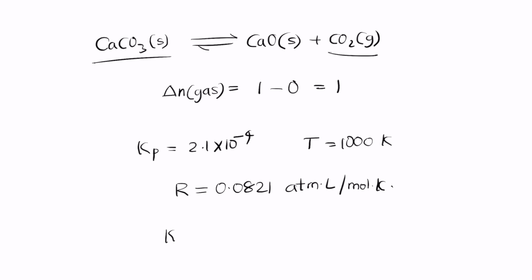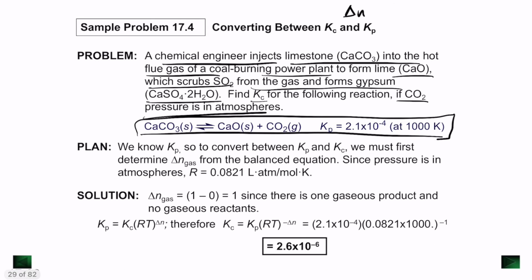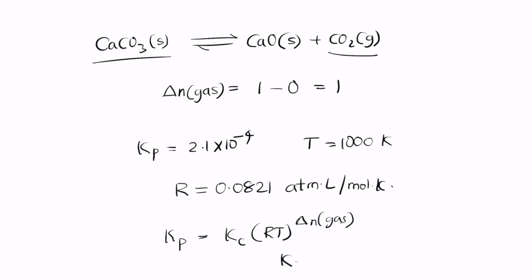Now we need to find Kc. We know that the formula for Kp is Kc times RT to the power delta N of the gas. So we need to find Kc, which becomes Kp over RT to the power delta N of the gas.